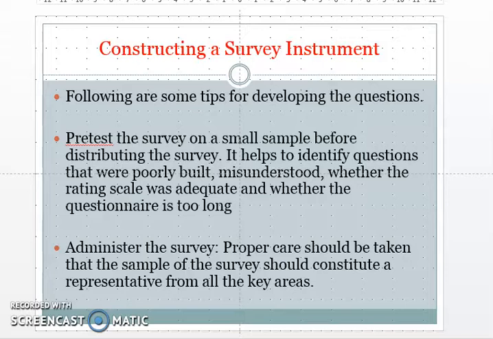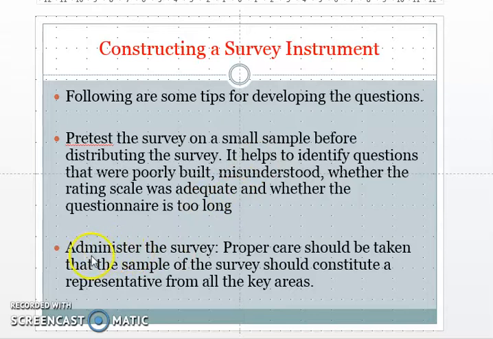After that, we have seen the needs can be identified better with the use of groups, interviews, and basic questionnaires. After that, you have to pre-test the survey on a small sample before distributing the actual survey, so that you can understand whether the questions are poorly built, misunderstood, or whether some improvements are needed in the questionnaire.